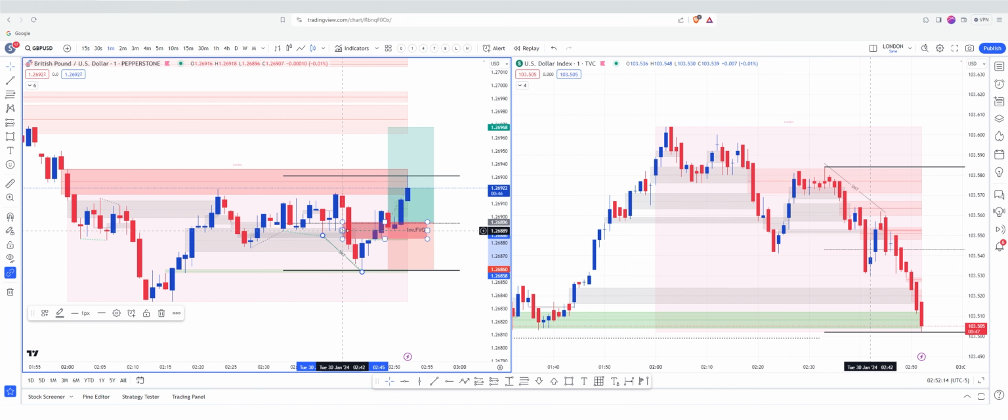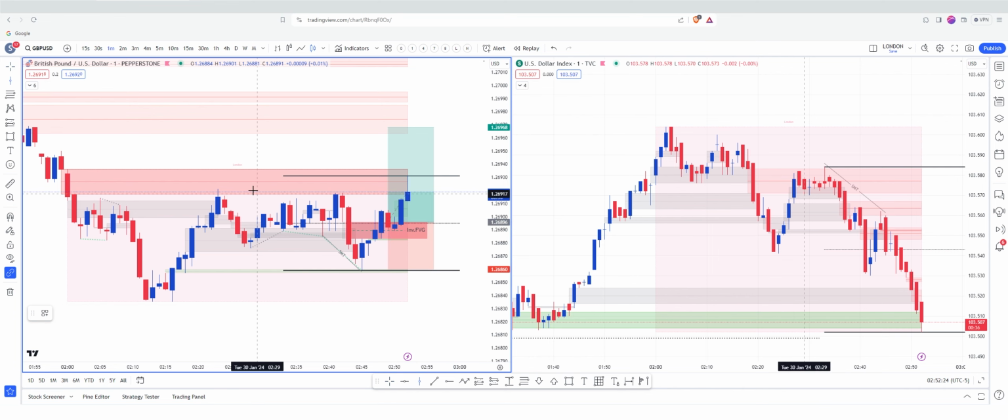We had an inversion fair value gap, closed through on this candle. The entry was at the retest of the fair value gap. Relative equal highs, that's an initial draw on liquidity.